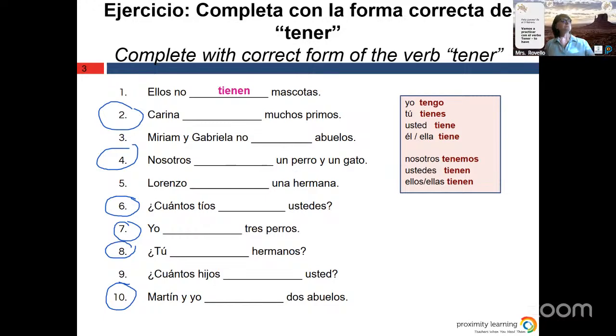James, Haley, good job, Haley. Carlota, muy bien. No. Nope, keep looking. Haley, número 6 is plural.